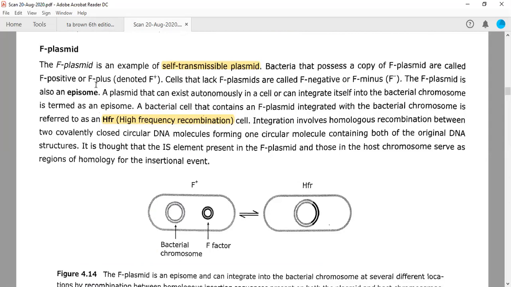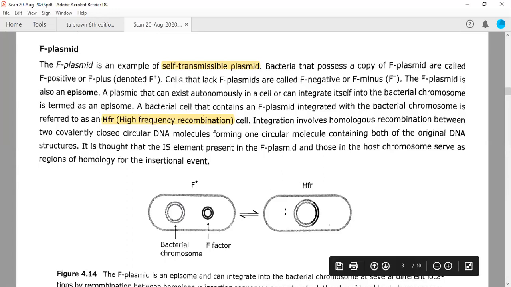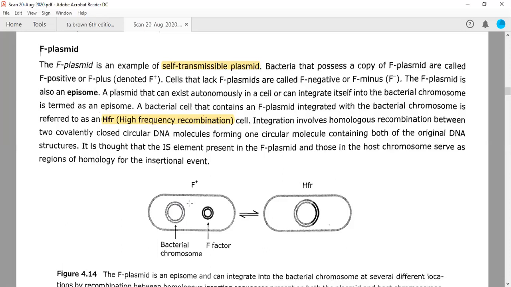The F plasmid is also an episome. A plasmid that can exist autonomously in a cell or integrate itself into the bacterial chromosome is termed an episome. The F plasmid is called an episome because sometimes it is found as the F factor, and sometimes it is integrated into the bacterial chromosome.